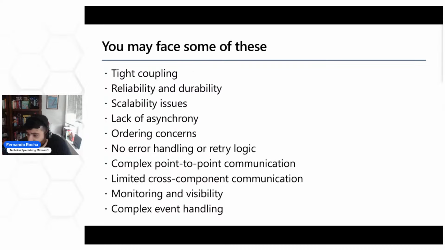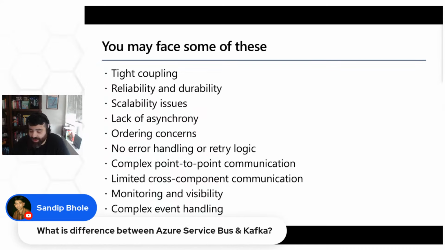We have a question here from Samdeep. What is the difference between Azure Service Bus and Kafka, right? It's going to be a little bit more clear when we talk about the advanced features. But as far as I'm concerned, I'm not a Kafka expert, right? But Kafka can be used as a message broker, as I understand correctly, but it's most commonly used as a streaming system, right? So you have heavy load, a lot of events coming, right?